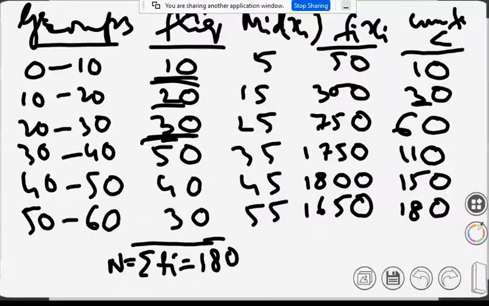So for mean, median, mode, no other column is required, only this.